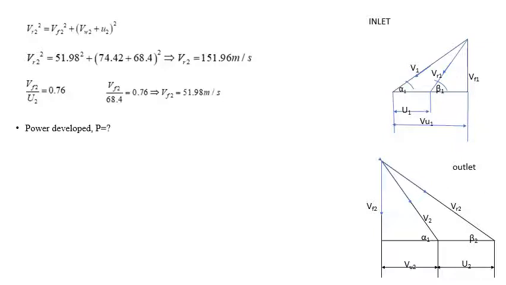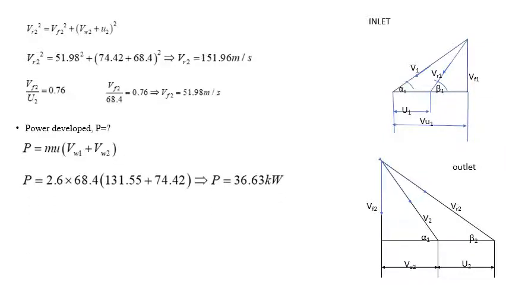Now we need to calculate the power developed, P. That is calculated by using the expression: power developed is equal to mass flow rate of fluid into blade velocity, then into (Vu1 plus Vu2).